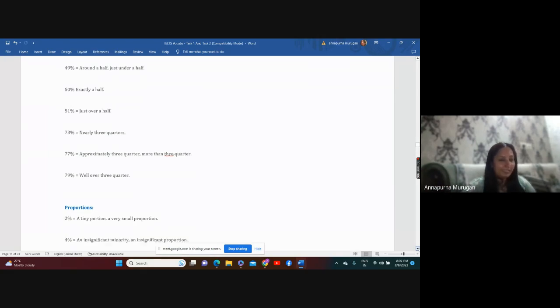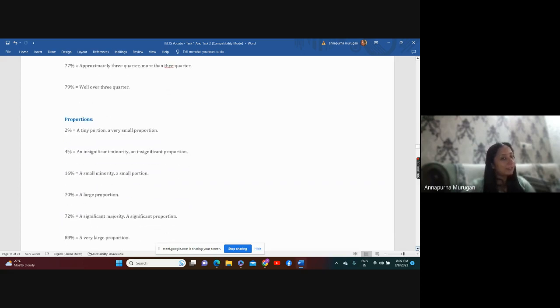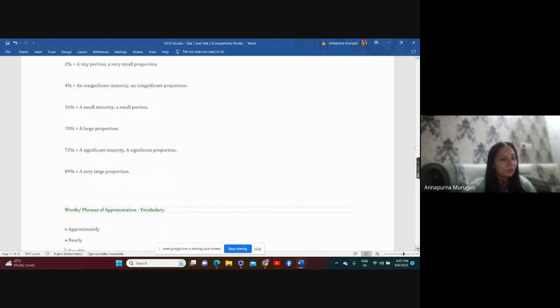Okay, guys. Now proportions also. In terms of proportions, you can use a tiny proportion, insignificant minority, a small minority, a small portion, a large proportion. So we have a lot of things to write.